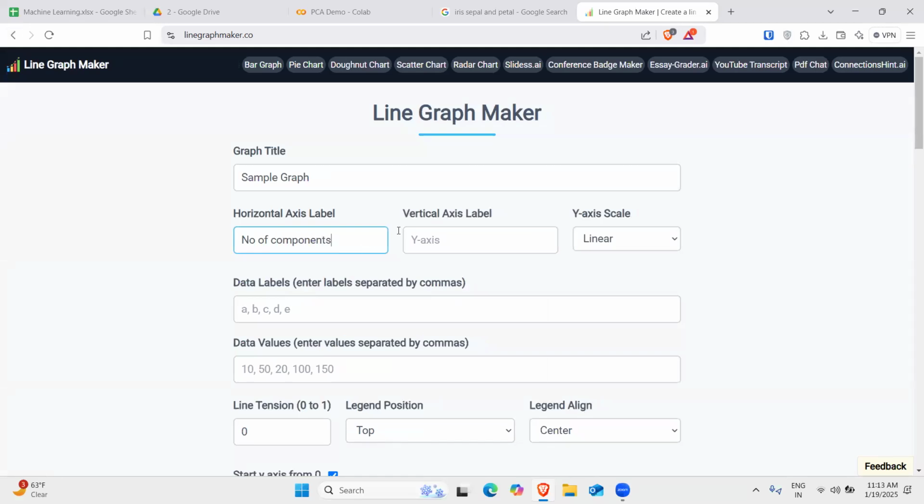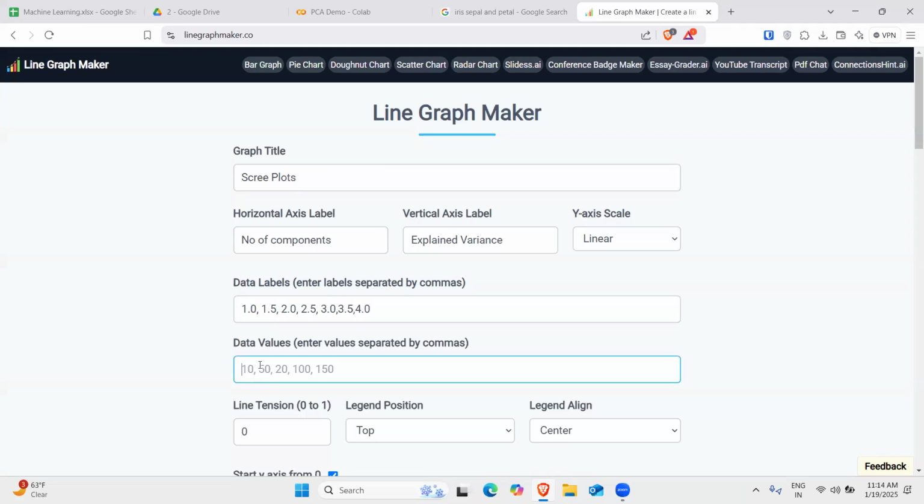Y-axis label is explained variance. Graph name is Scree plot. Y-axis scale is linear. Data labels: 1.0, 1.5, 2.0, 2.5, 3.0, 3.5, and 4.0, right?